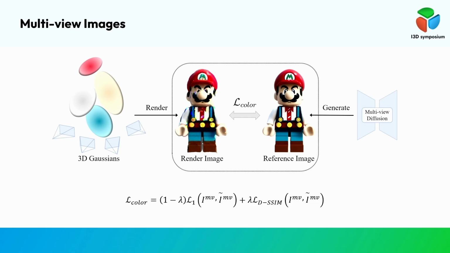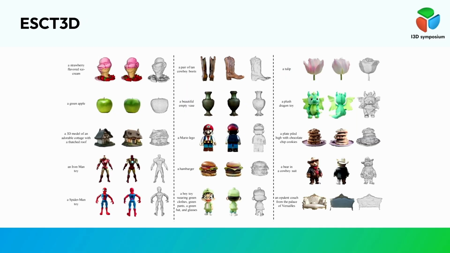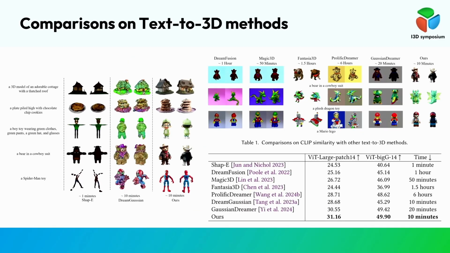We also adopt a method that symmetrically updates the specific 4 viewpoints to optimize the texture. We compute the loss between the render image from the 4 specific viewpoints and the corresponding image generated by the multi-view diffusion model. This is some results of our methods.